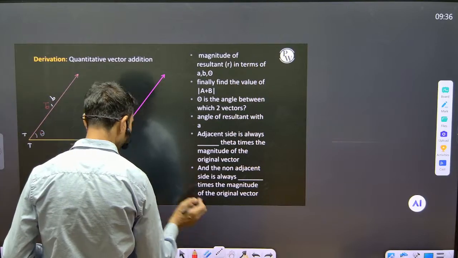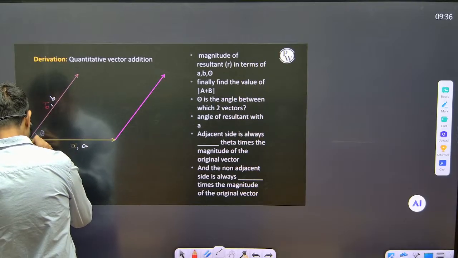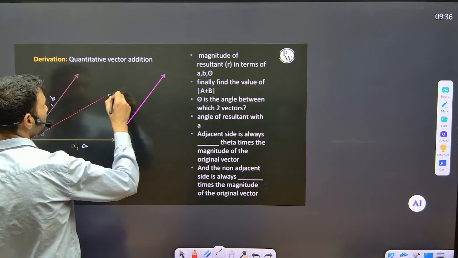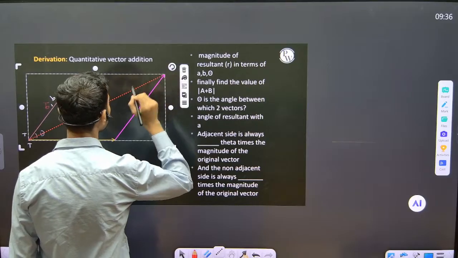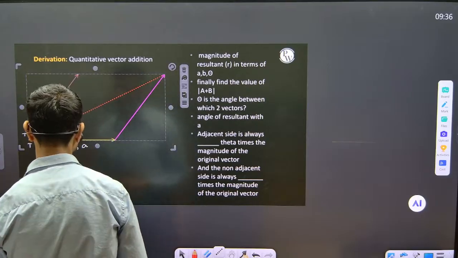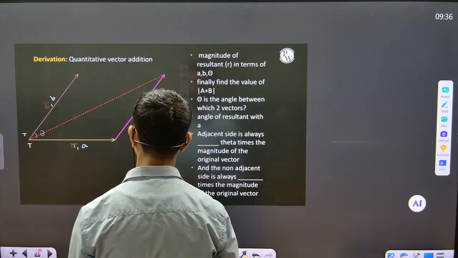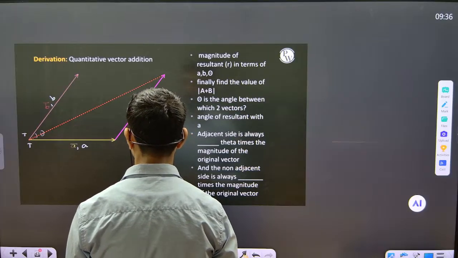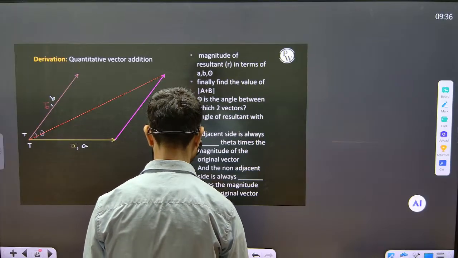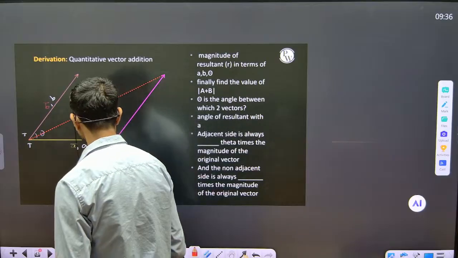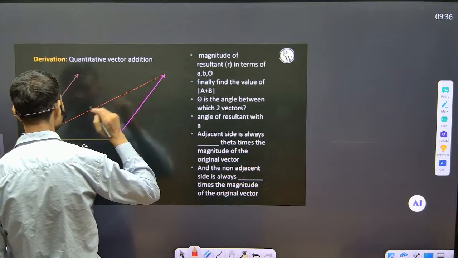Then below. Okay. Right. And that is the resultant vector. And where is the arrow? At the remaining head.